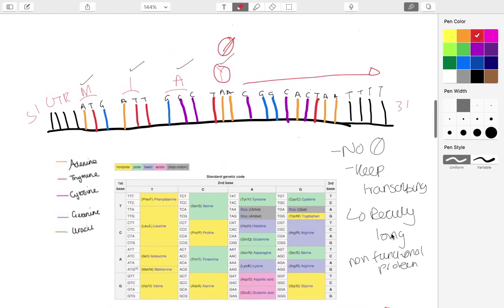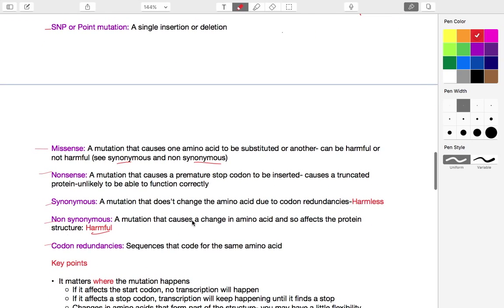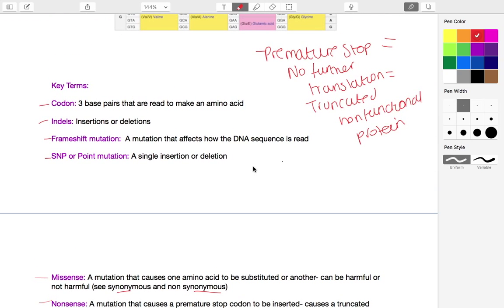Okay, so I just thought that would be a really great example, and that would make that non-synonymous, it's harmful. That's a very harmful mutation because that is definitely going to result in a truncated protein.